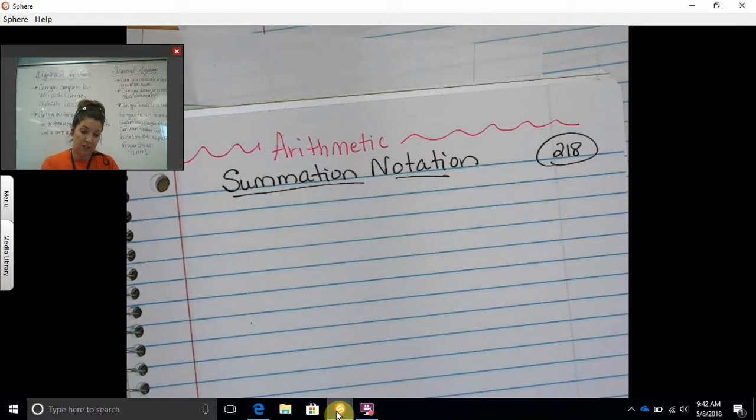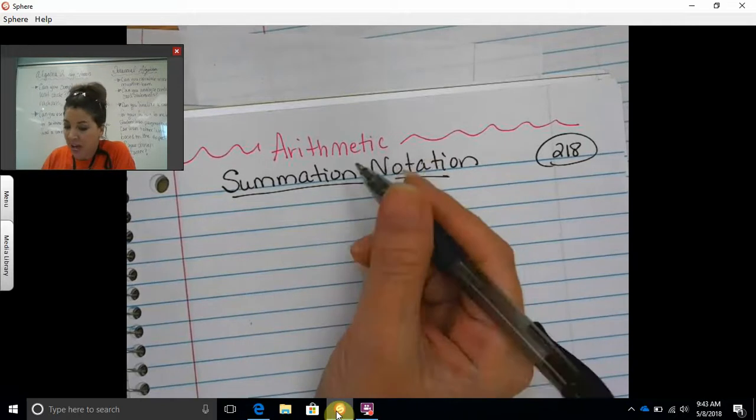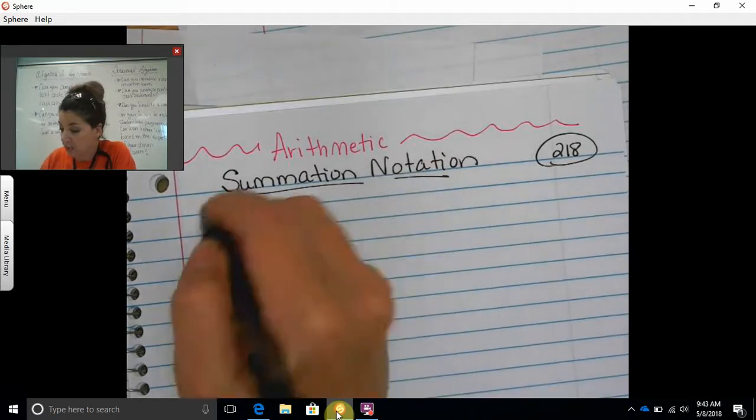So remember, in arithmetic, that's when you have a common difference, not a common ratio. You're adding the same number to get to the next term in the sequence, whereas in geometric, you're multiplying to get to the next term. So we're back to arithmetic.